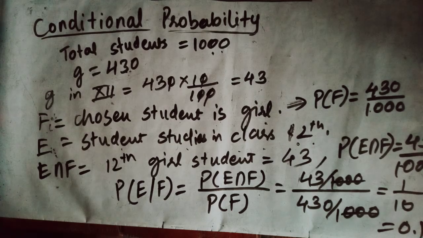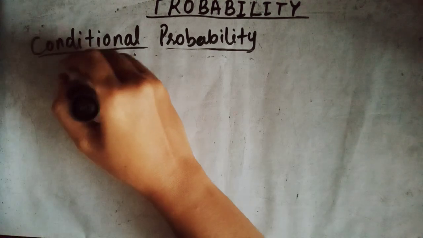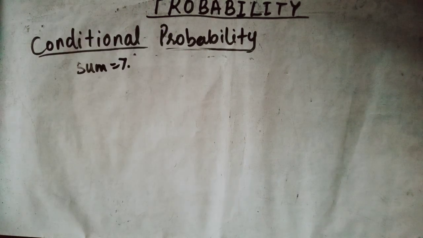Okay, find the conditional probability of obtaining the sum 7, given that the red die shows a number less than 4, when two dice, blue and red, are rolled.